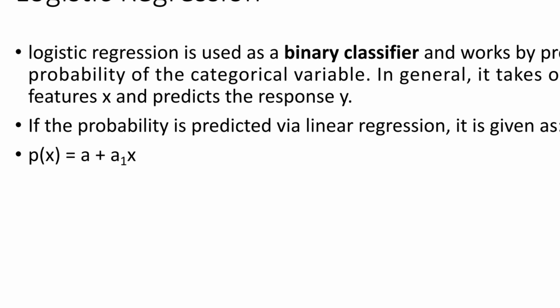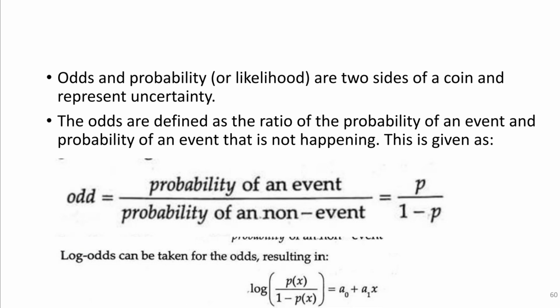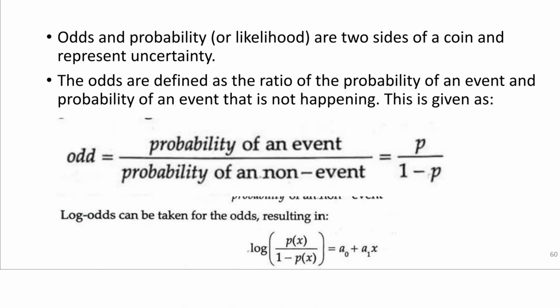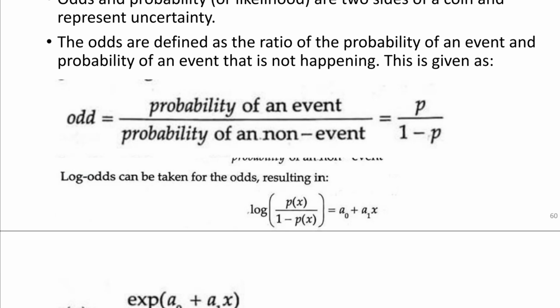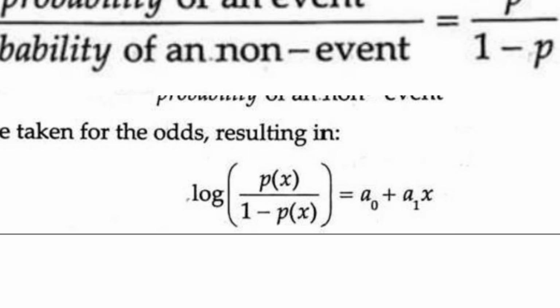Probability is given as p(x) = a0 + a1x. The odds is the probability of an event occurring out of the probability of a non-event, that is p divided by 1 minus p. So logistic regression can be formulated mathematically as log of p(x) divided by 1 minus p(x).